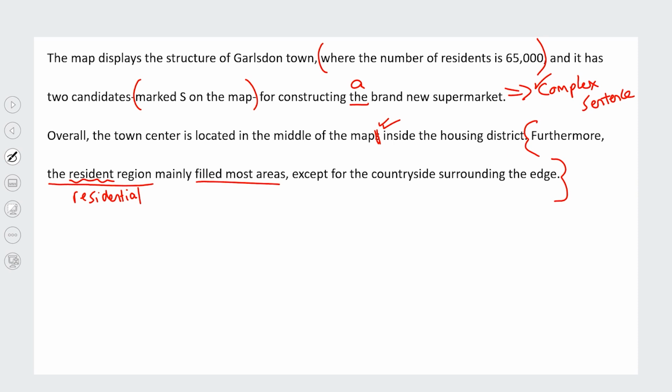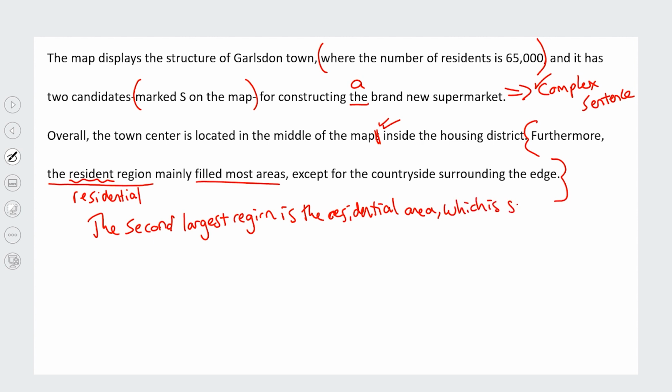And then I would probably say the second largest region is the residential area, which is subsequently, which also means next, surrounded by countryside, or undeveloped countryside or something. That's fine. They do physically describe the map.